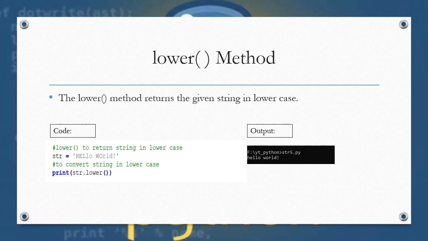If we want to convert this whole string to lowercase, we can use the lower method. When we print string.lower, we get hello world in lowercase, and you can see that all uppercase letters are converted into lowercase and lowercase characters remain the same.